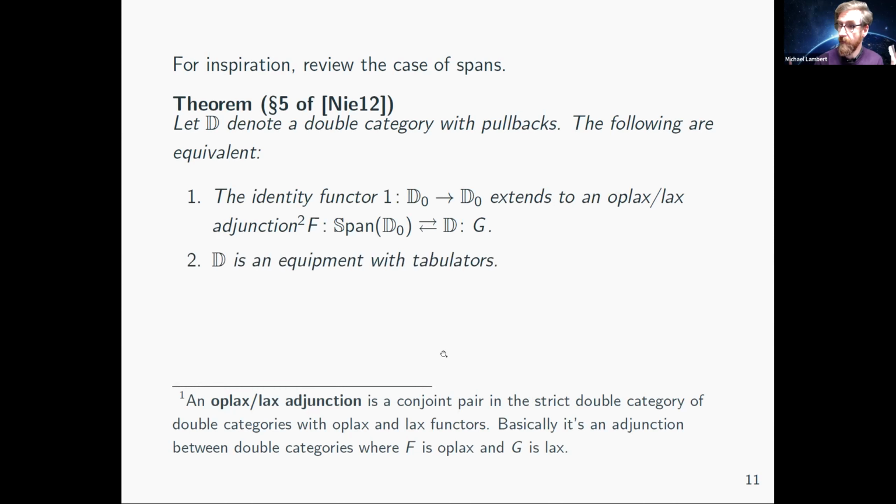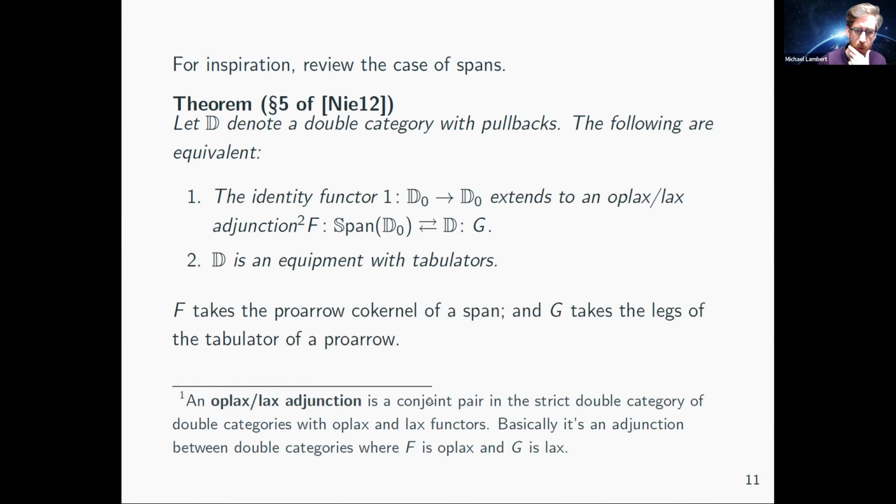This is when you have an equipment with tabulators. Roughly speaking, the oplax functor takes a span and returns the cokernel, and on the other hand, the lax functor G will take the legs of the tabulator of any given pro-arrow.